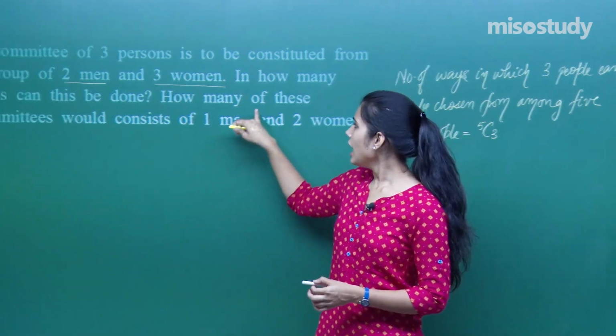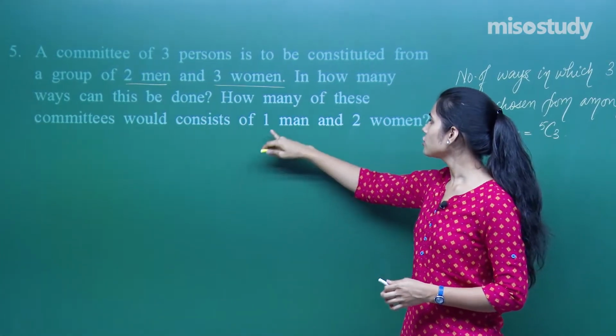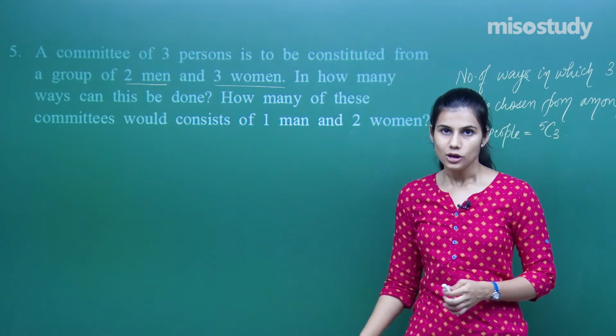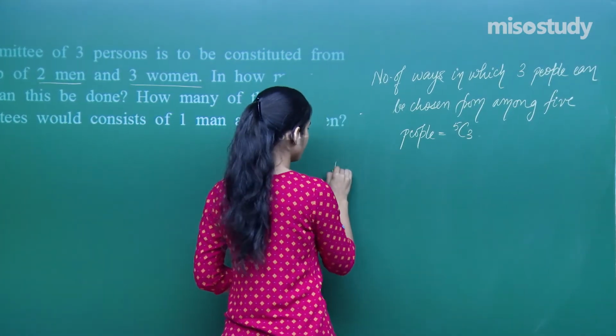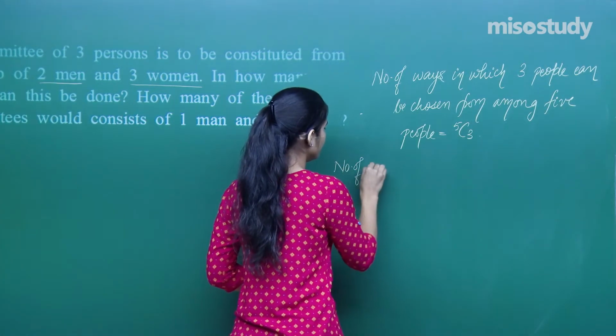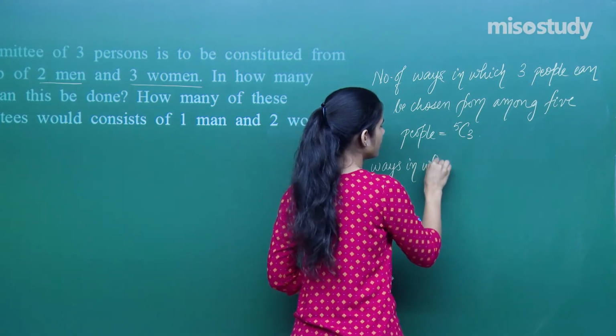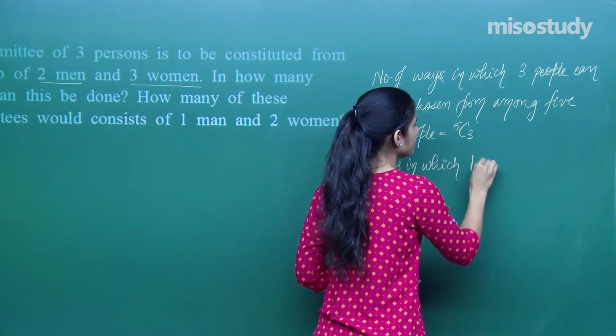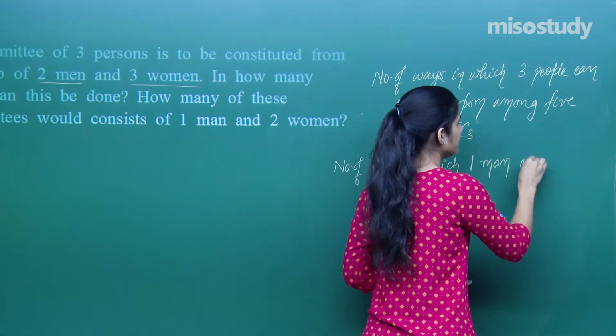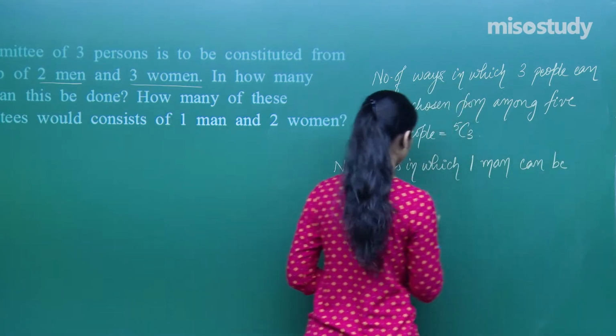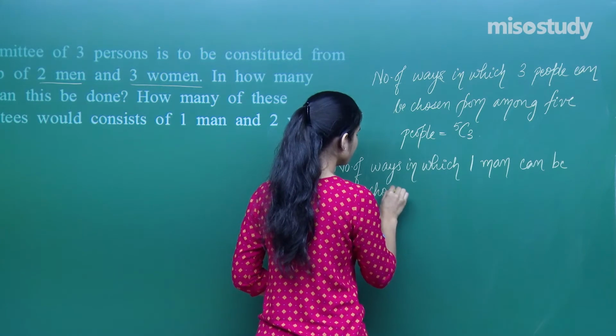Next we have, how many of these committees would consist of 1 man and 2 women? Well, the number of ways in which 1 man can be chosen. How many men do you have?